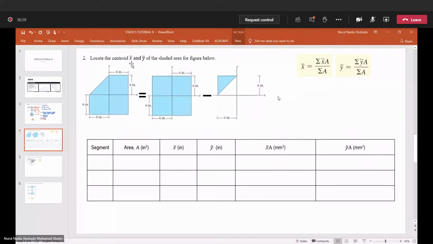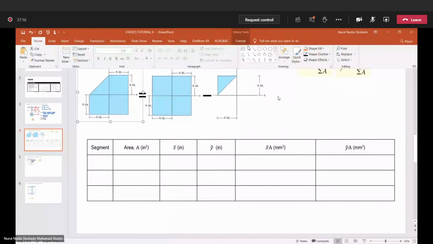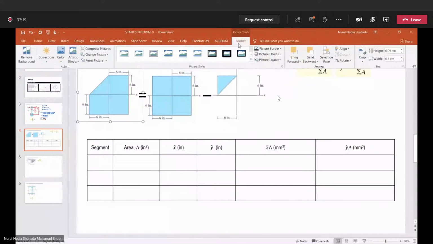Okay, so question number 2 wants us to find both the center x and y of the shaded area. Actually, the given picture, only this one, is the given area.